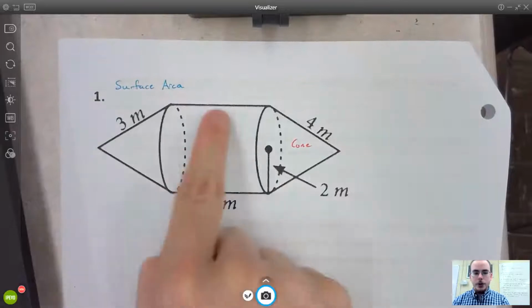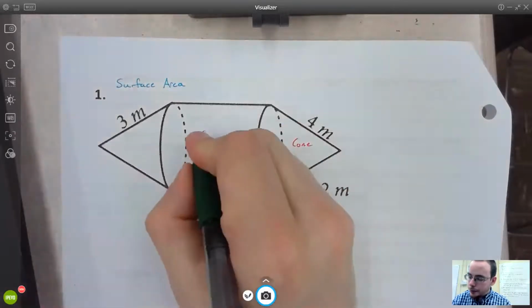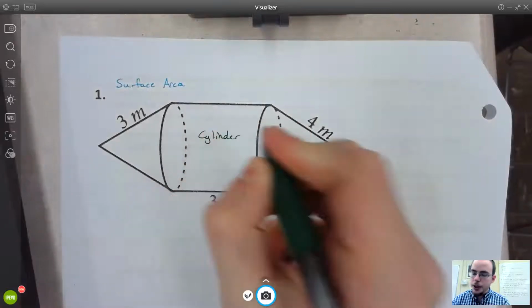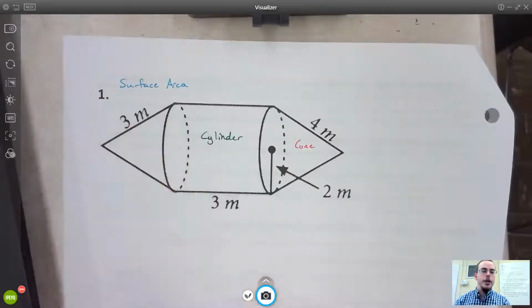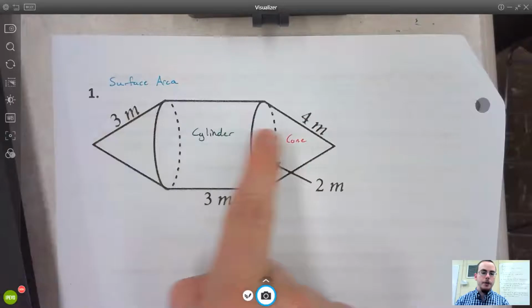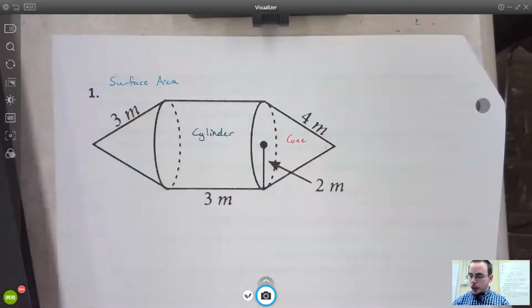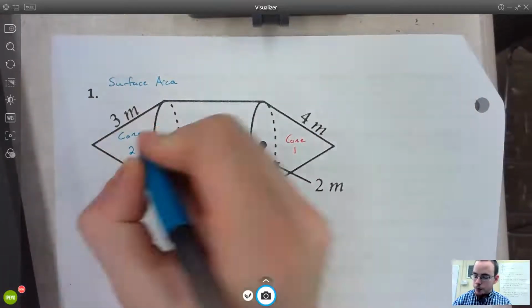We have a cylinder in the middle, and I'm writing them in different colors just to help with the separation. And then you see another cone here, and you'll notice that this cone is a different length from this cone. So I'm going to call the one on the right cone 1, and the one on the left cone 2.